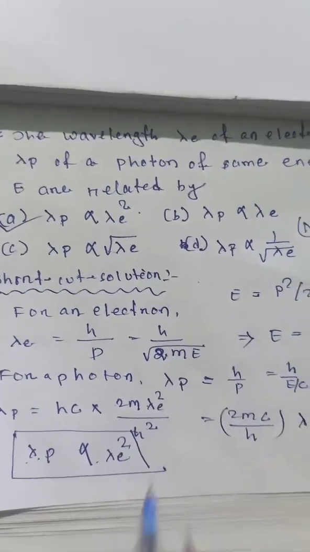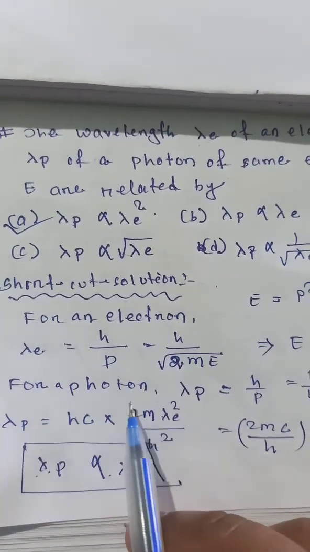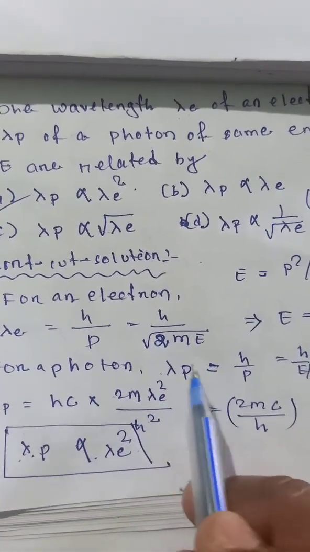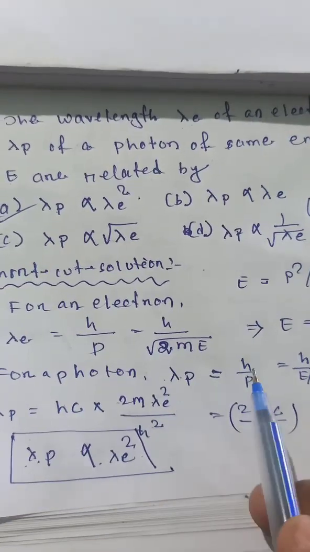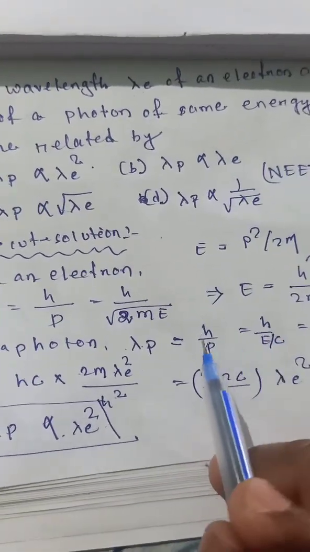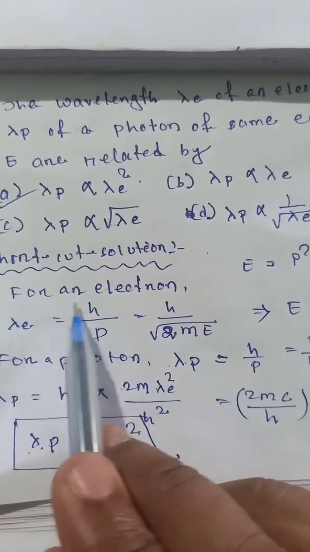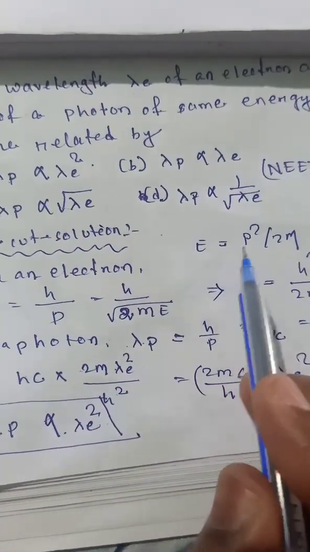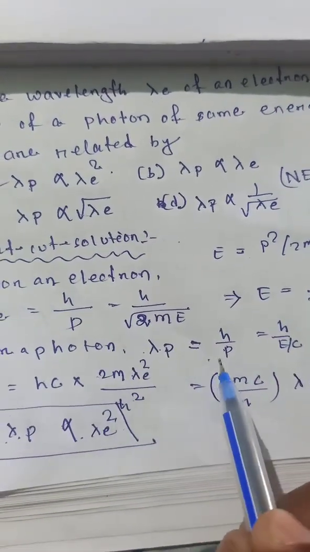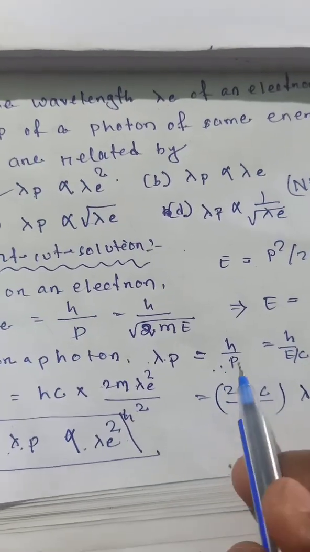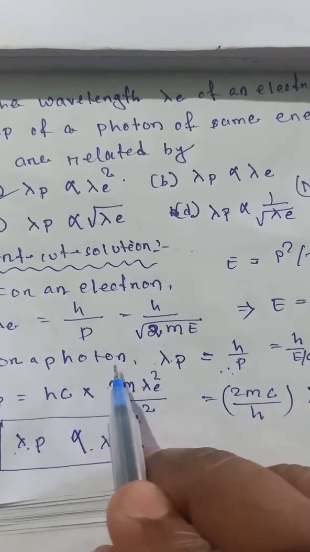Next, for the photon, using the de Broglie wavelength formula, lambda_p is equal to h by p. But here we use the relativistic condition, and the rest mass of a photon is 0.